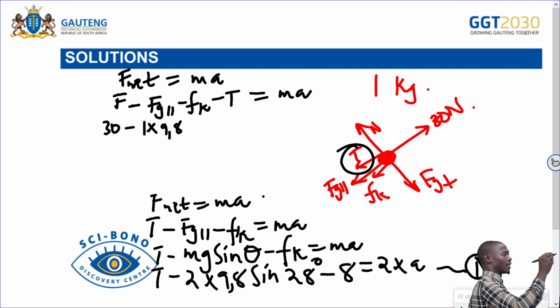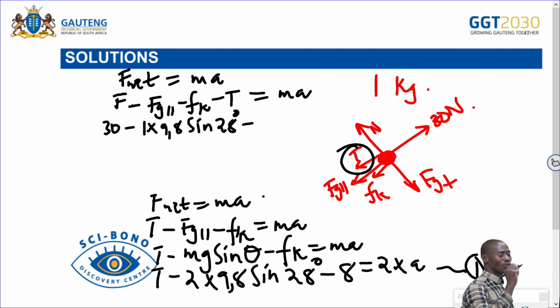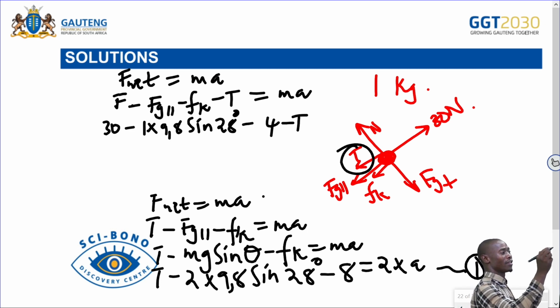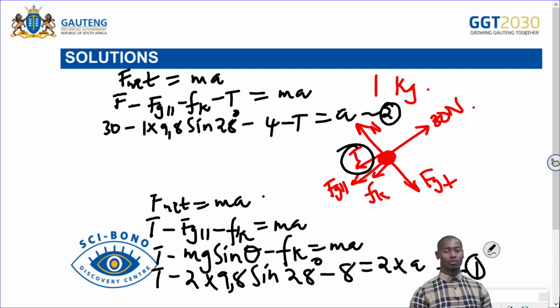This is Fg parallel, so it's mg sine theta, which is sine 28 degrees. Minus Fk, which between the 1 kilogram block and the surface is 4, minus tension equals to 1A, which is going to be A. This is equation number 2. So I'm having 2 equations.